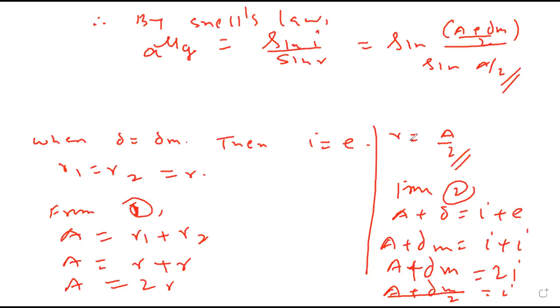And in terms of wavelength, lambda 1 upon lambda 2 or mu 2 upon mu 1. Critical angle: refractive index is 1 upon sine of critical angle. The refractive index of any medium with respect to the first, from wherever light is coming, is real depth upon apparent depth. And the prism formula is sine of A plus delta M upon 2 divided by sine A by 2. Copy till this.